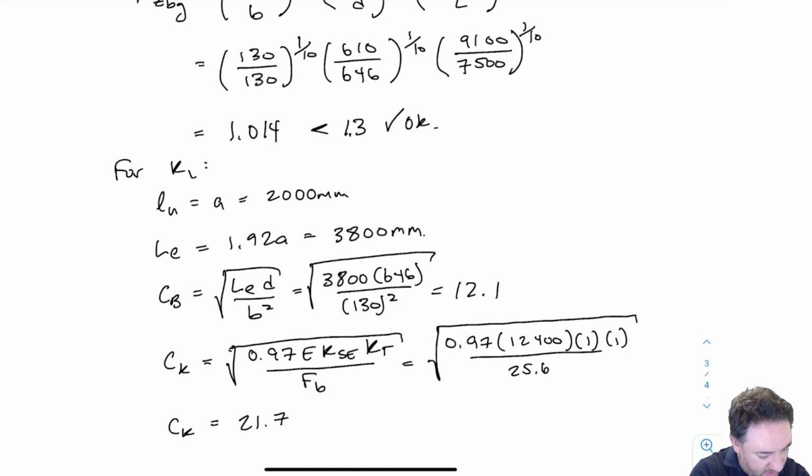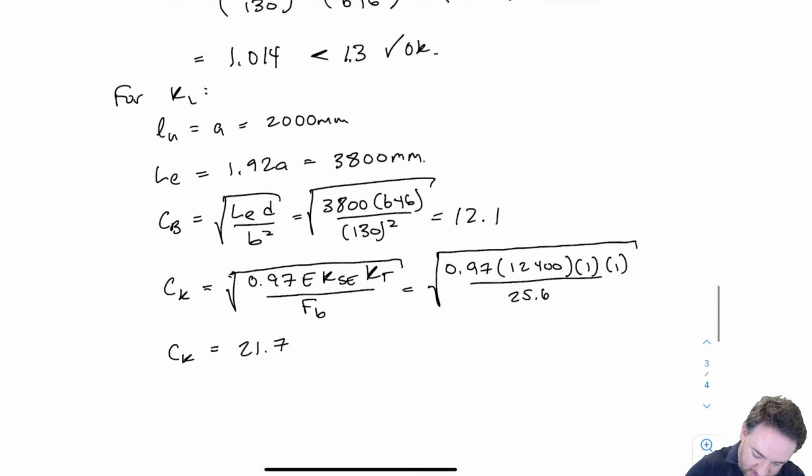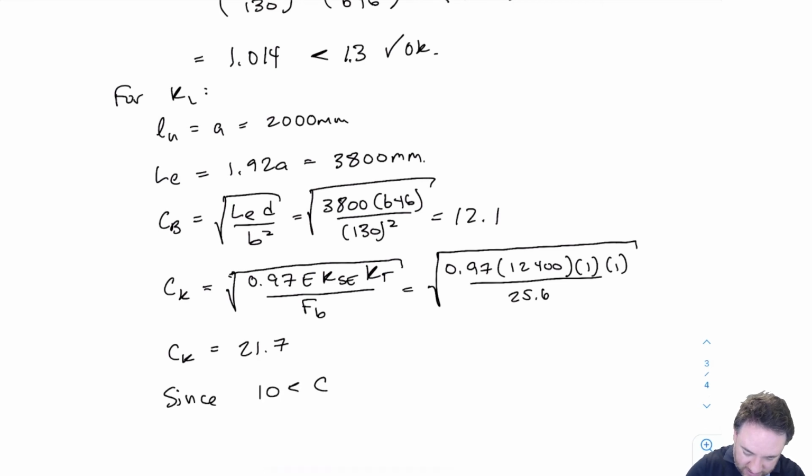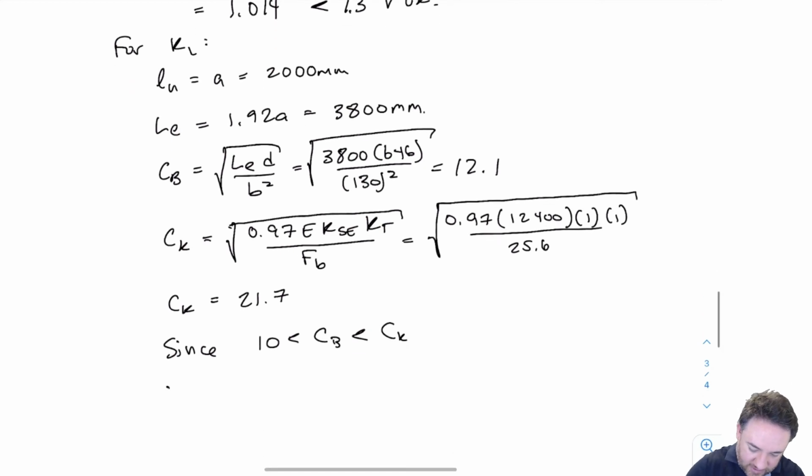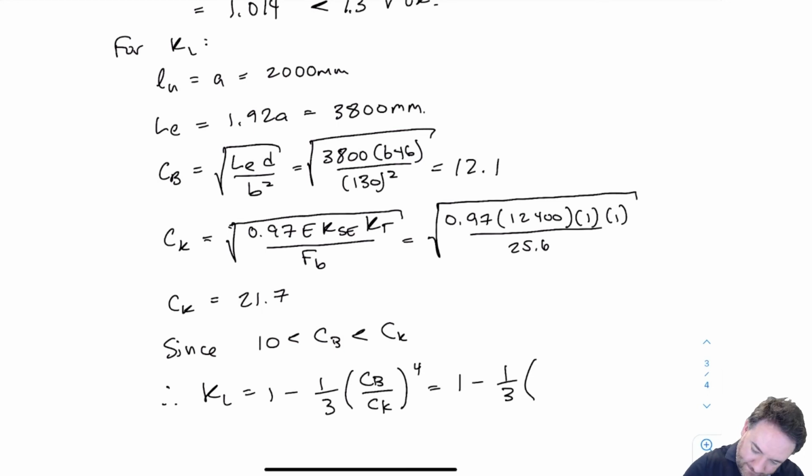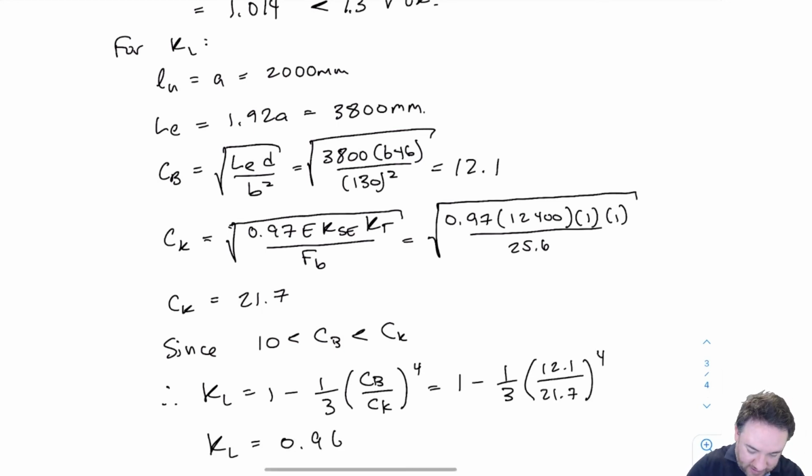And so I am in the kind of intermediate region then, because CB is between 10 and CK. So therefore, my KL is going to be this equation. And I get KL equals 0.967.